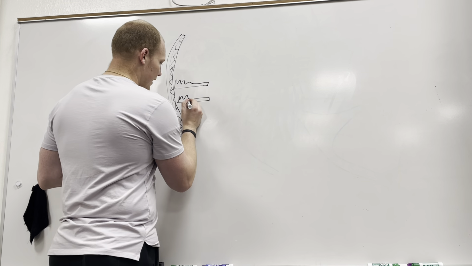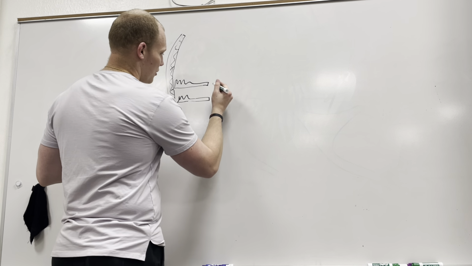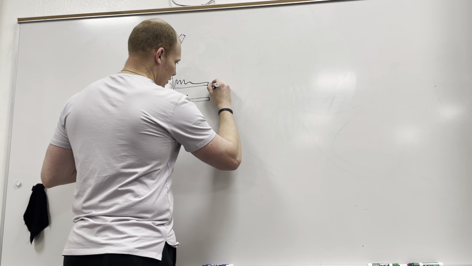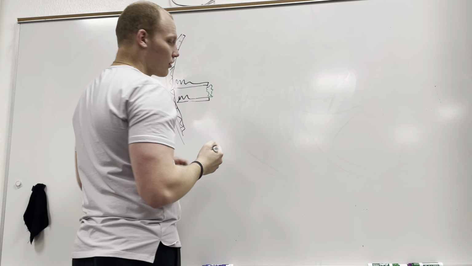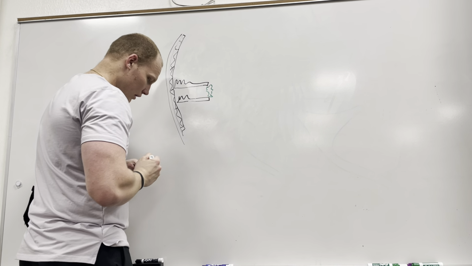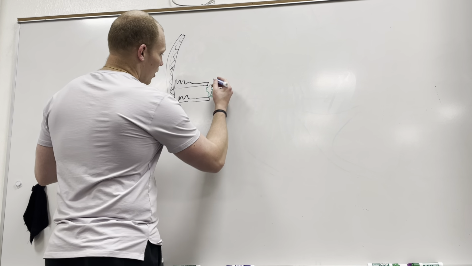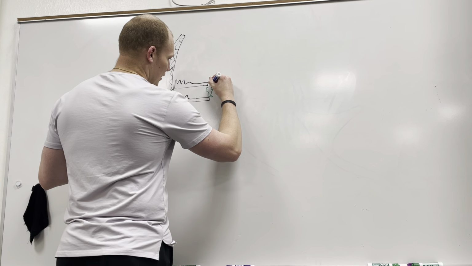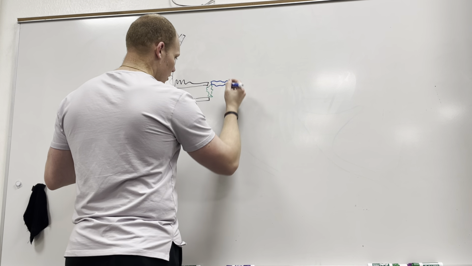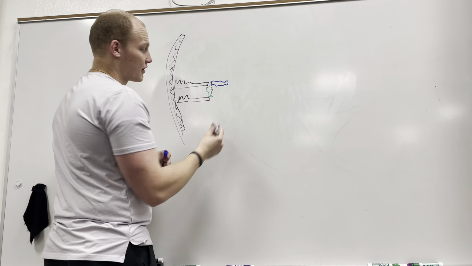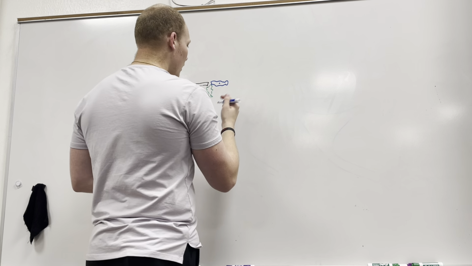Other cells that are in this area, we have cells that kind of connect the two, called horizontal cells. Then we have some cells that come here off of them. And these are our bipolar cells. They're bipolar because the nucleus here, we have pretty much two poles of the cell.